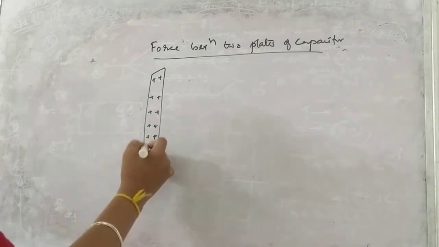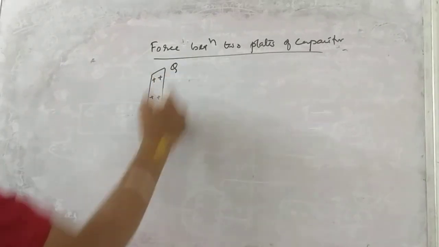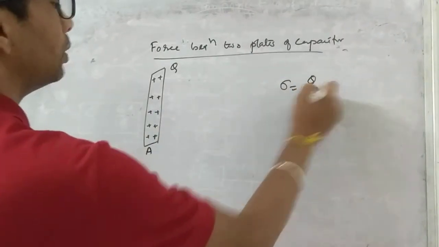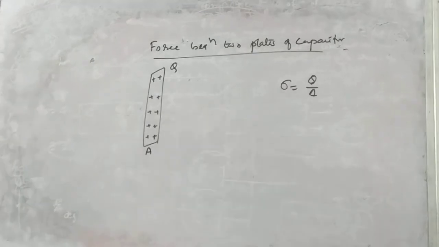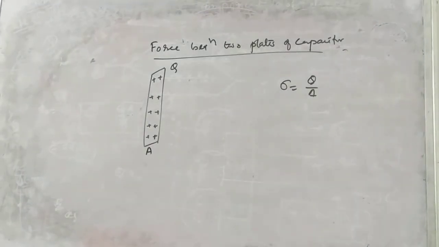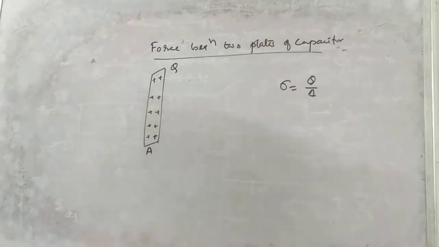Say the total charge is Q and the area is A, then the charge per unit area sigma is equal to Q by A. Since it is a conducting plate, only one face has charge, so this plate will behave as a sheet of charge.